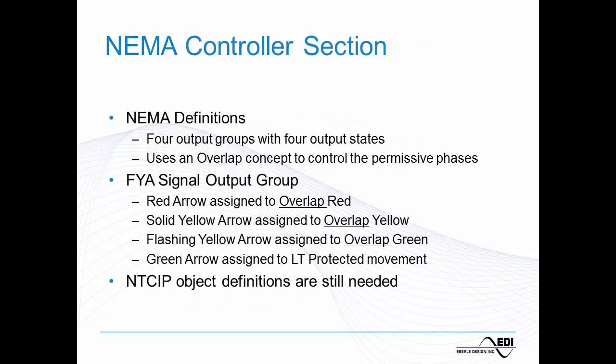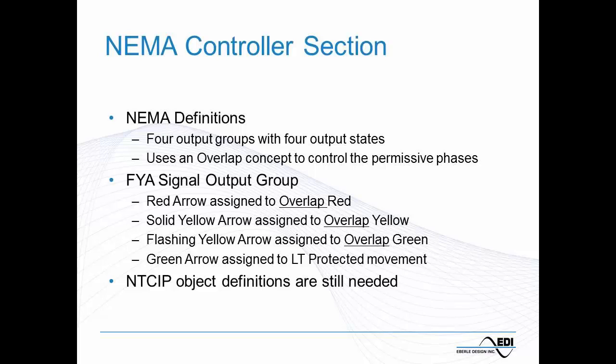Right, so real quick, the controller section is not much change because we already had kind of the basics for that in overlap programming in most NEMA controllers. So we do have to define, though, that a flashing yellow arrow approach is a 4-section signal head.